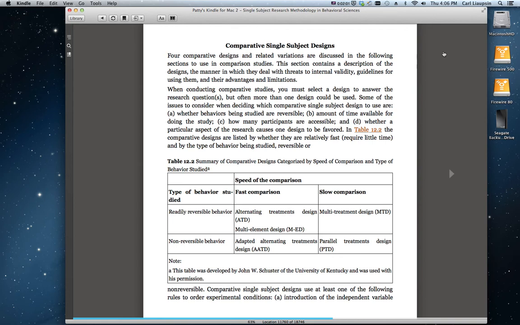Then he has it divided by reversible versus non-reversible. So they list a couple of designs that you use with reversible behaviors and a couple of designs you use with non-reversible behaviors.